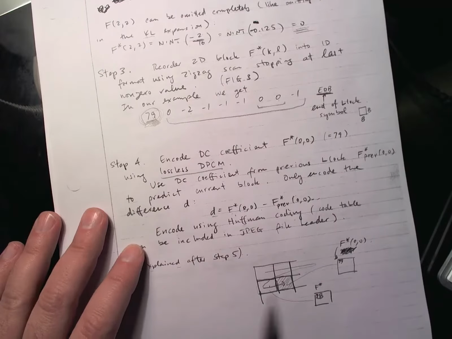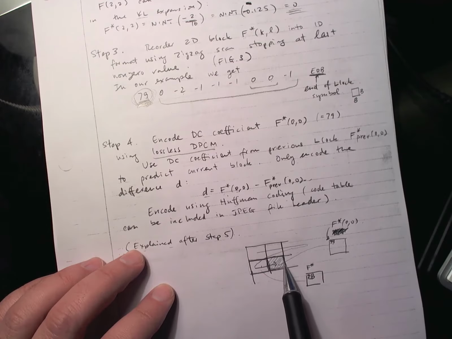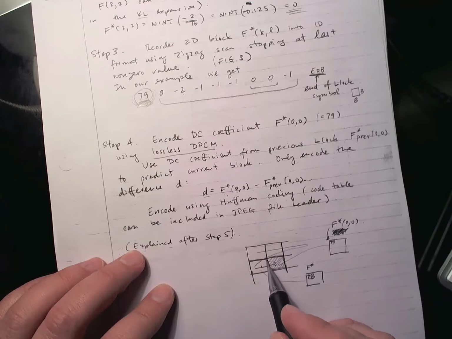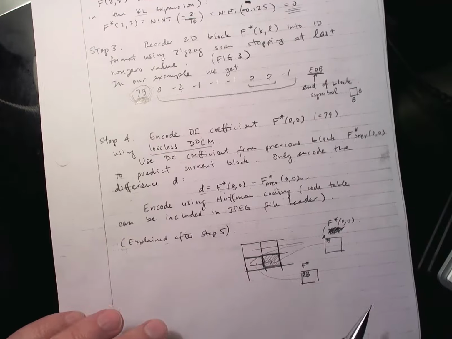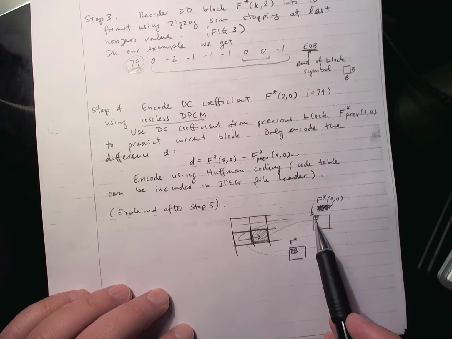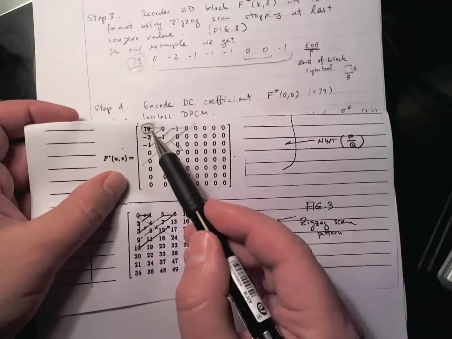So what I do is I assume that whoever's going to decode the image, the JPEG file, could use a guessing scheme, could guess that this DC value of a certain block of the image is the same as the DC value of the previous block. So let's say here's the block I'm working on, the one we've been looking at, and let's say it has 79 as the value in the upper left corner.